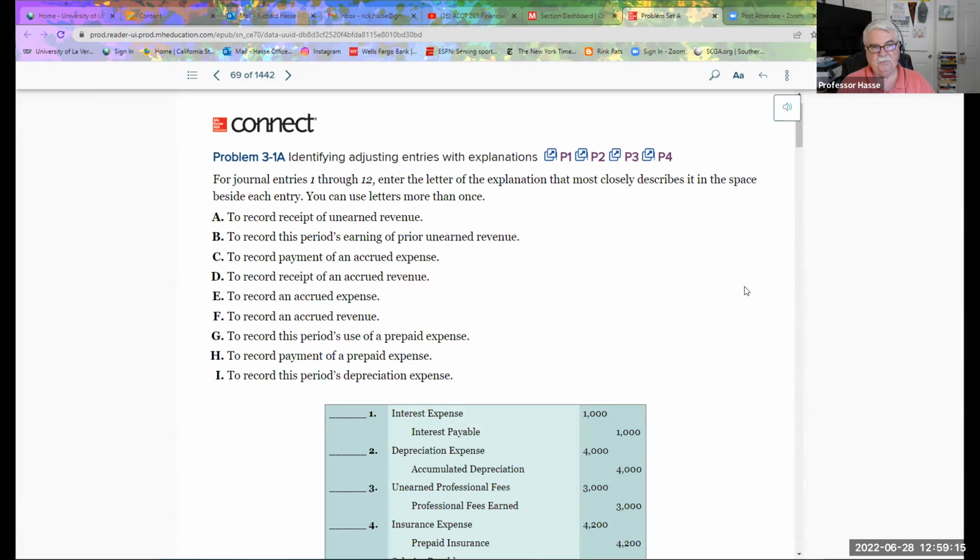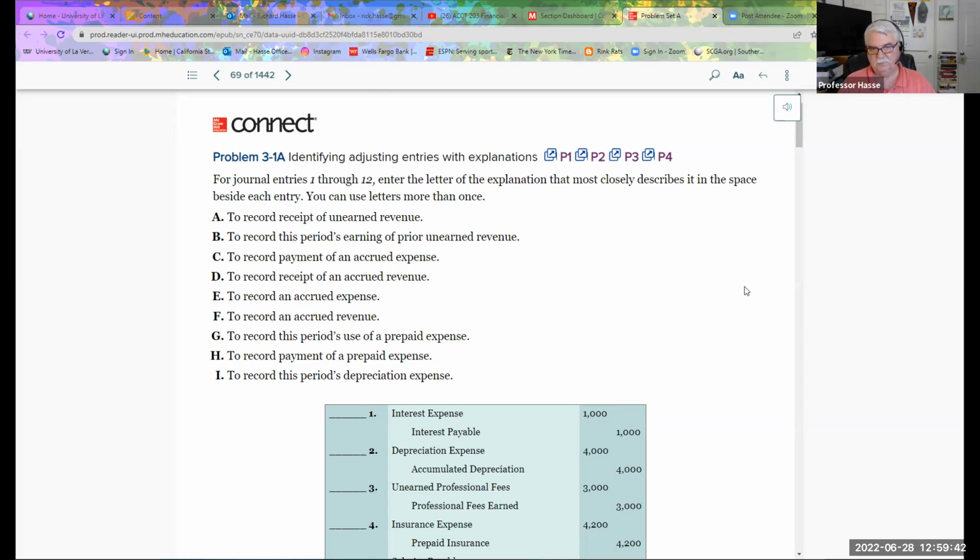Now here's problem 3-1a at the end of chapter 3 that summarizes all the different types of journal entries and gives you examples of those. Remember, an adjusting entry is to adjust the accounts for the passage of time, the adjustment of an accrual. It means recording an entry before cash is paid, the recording of expense or the accepting of revenue.